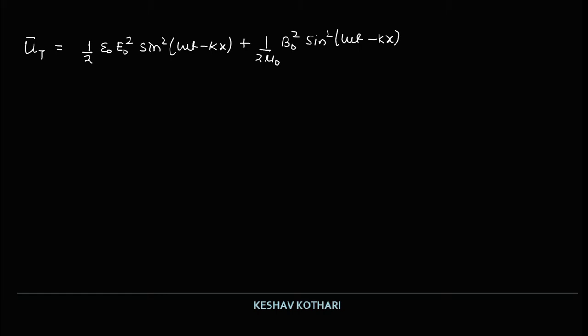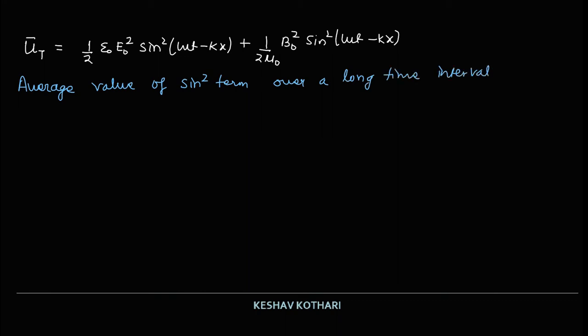Now if we consider the average value of the sine square function over a long interval of time, then the value is equal to half, and hence I can say that the average value of the total energy density can be written as half of epsilon naught E naught square, where the sine square term is put as half, and 1 by 2 mu naught B naught square, where again the sine square function is put as half.